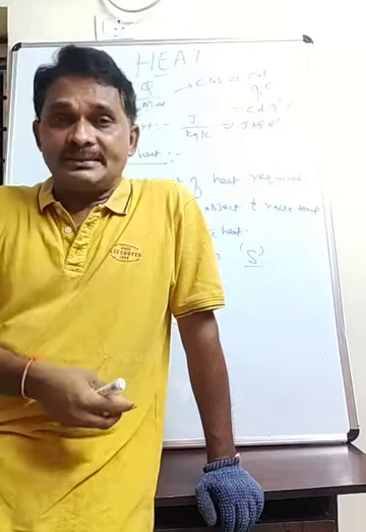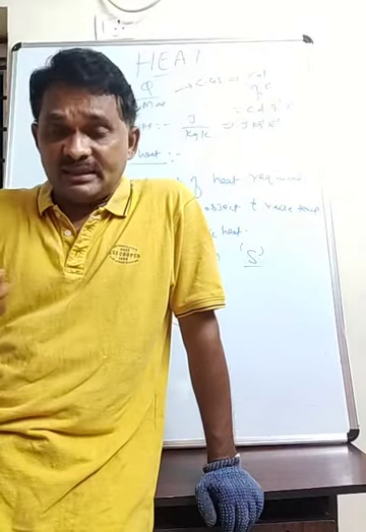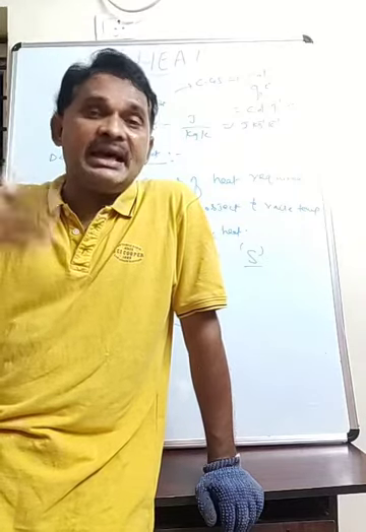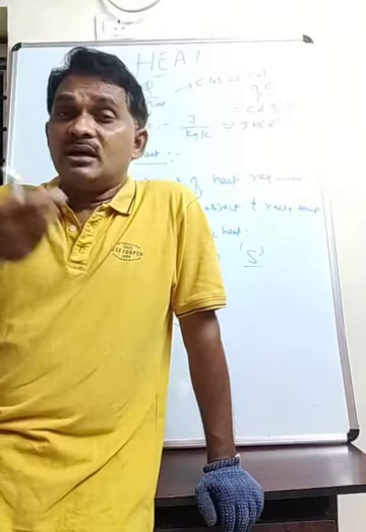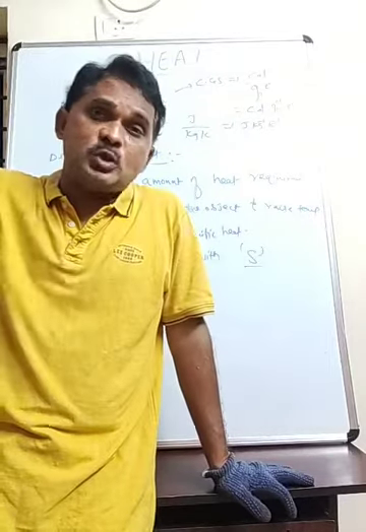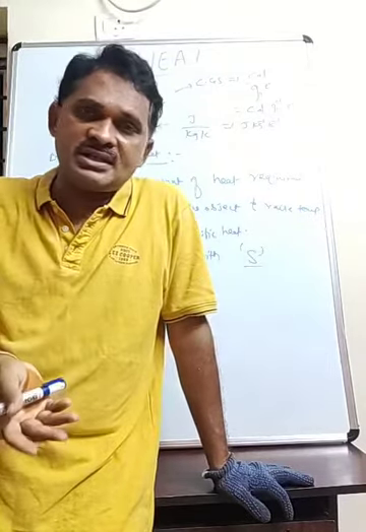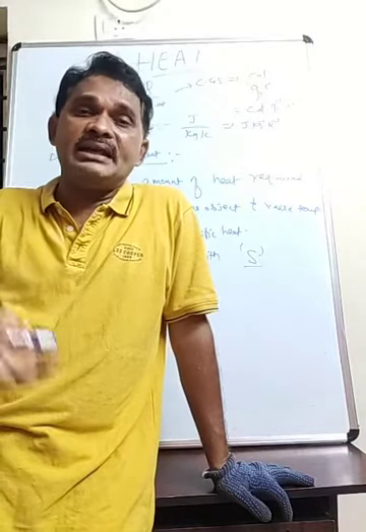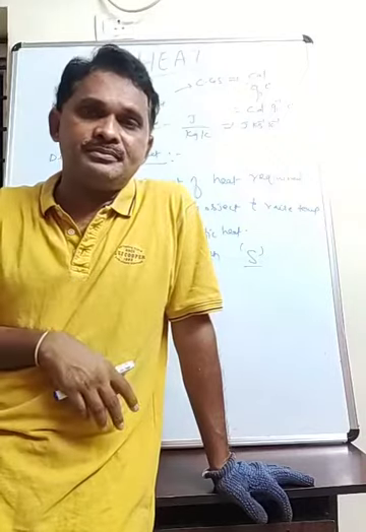By that, the surface temperature of the earth rises higher and higher, and the temperature of the earth will go to 100 degrees, 200 degrees, 300 degrees, 400 degrees. Then no organism on this earth will be possible.